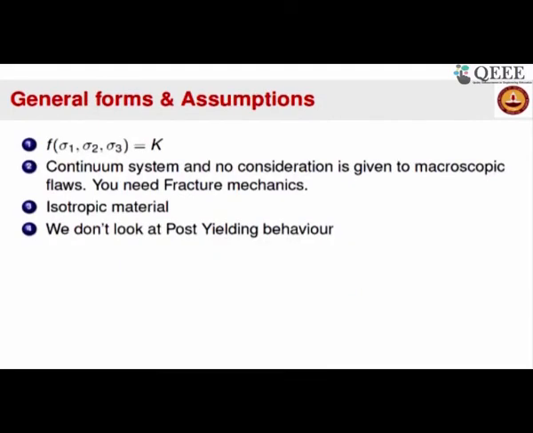So now we are going into the realm of failure theories. We are going to start talking about different types of failure and how we can quantify the failure of a particular material. All the failure theories generally do the following.